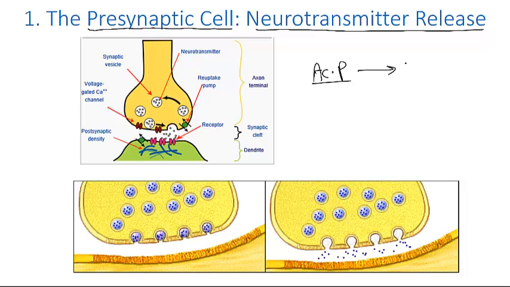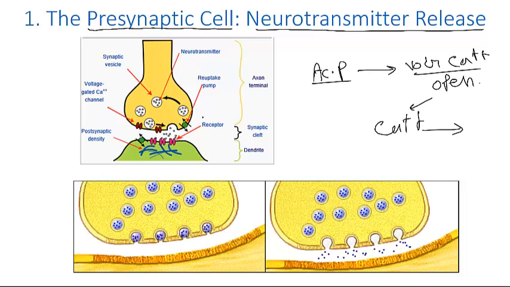Due to this opening of calcium channels, there is a calcium inflow into the presynaptic cell. That will cause all those vesicles filled with neurotransmitter to fuse to the membrane. Each vesicle releases a fixed amount of neurotransmitter into the synaptic cleft.